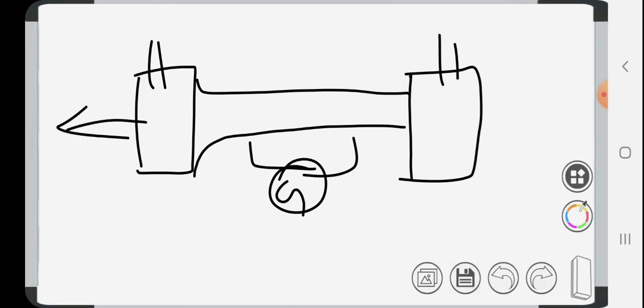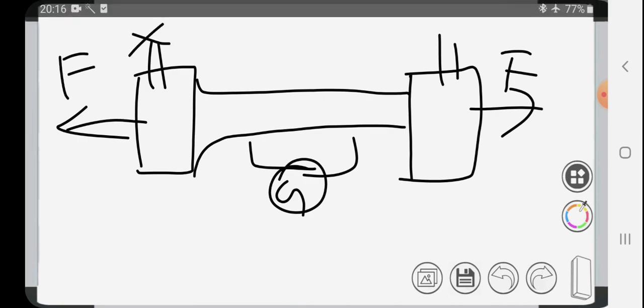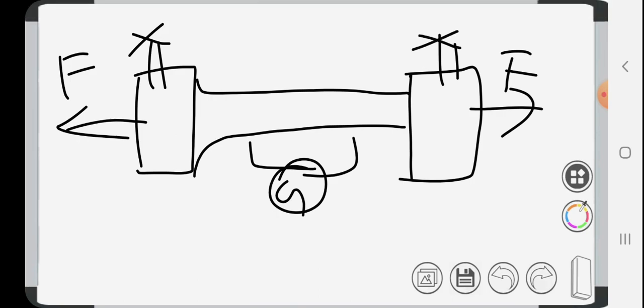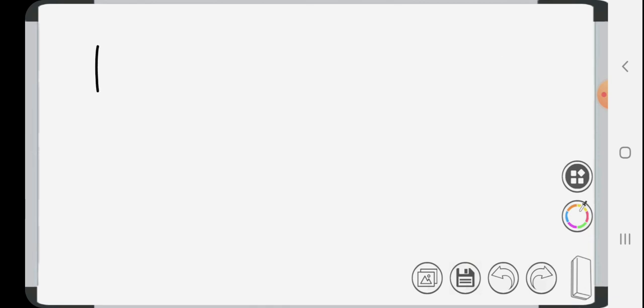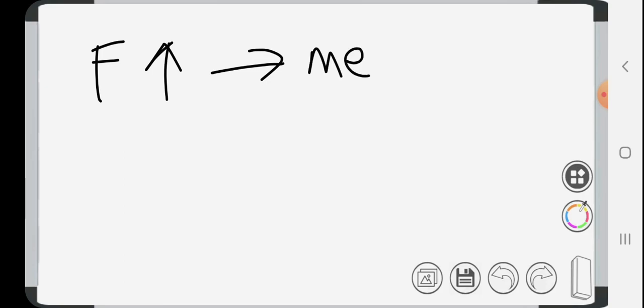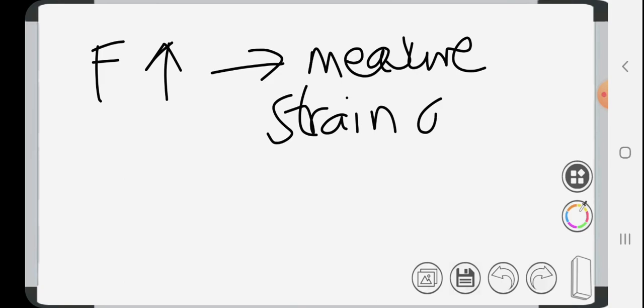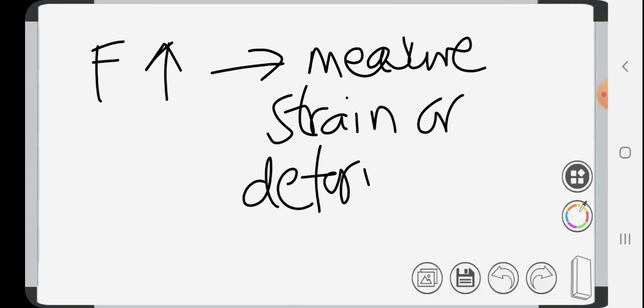Actually, we are applying tensile load on that particular specimen. So what will happen, we will apply force, we will increase the force and measure the force, and accordingly we will measure strain or deformation, and we will plot this.